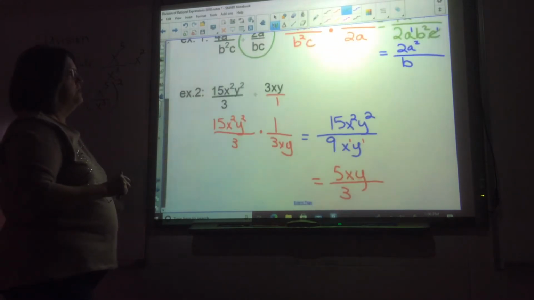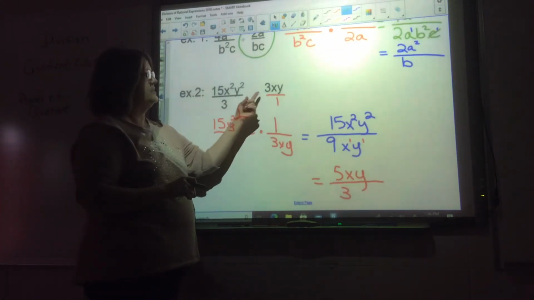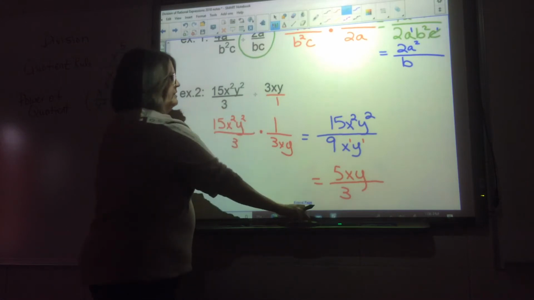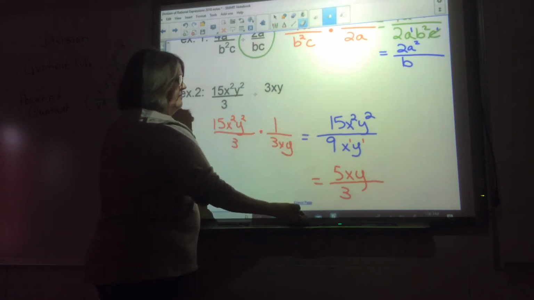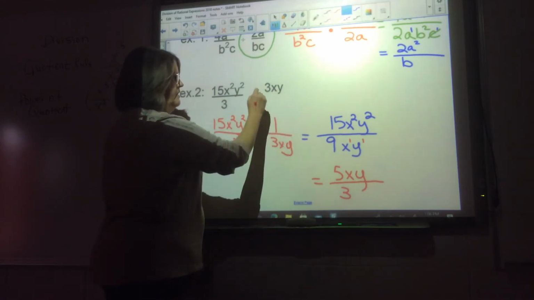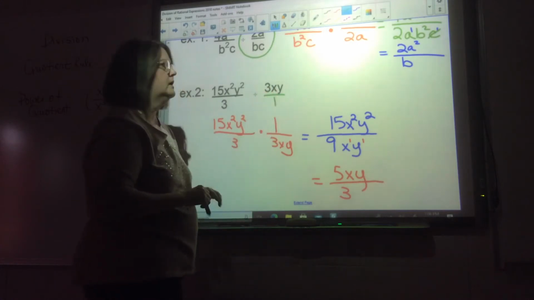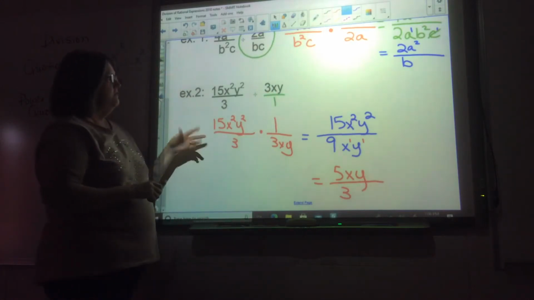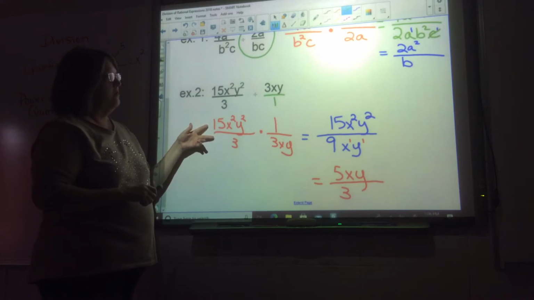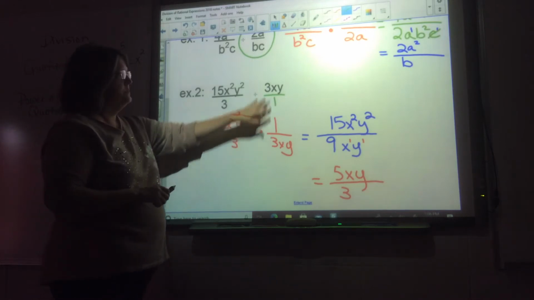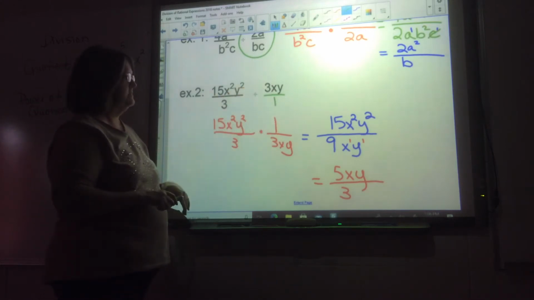Come down here. Same thing with this one. This is 3xy, and it was really over nothing to begin with. Remember, if it doesn't have a denominator, it's got a denominator of 1. So 15x squared y squared over 3 times, flip this one, 1 over 3x squared.